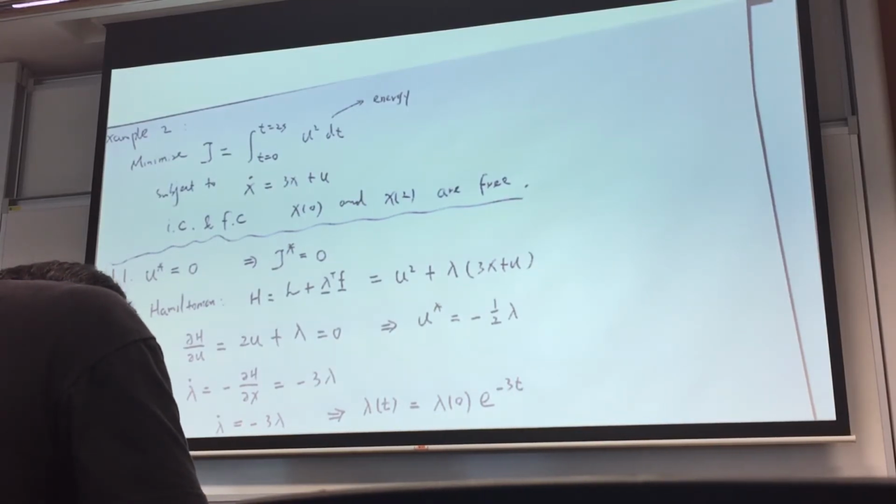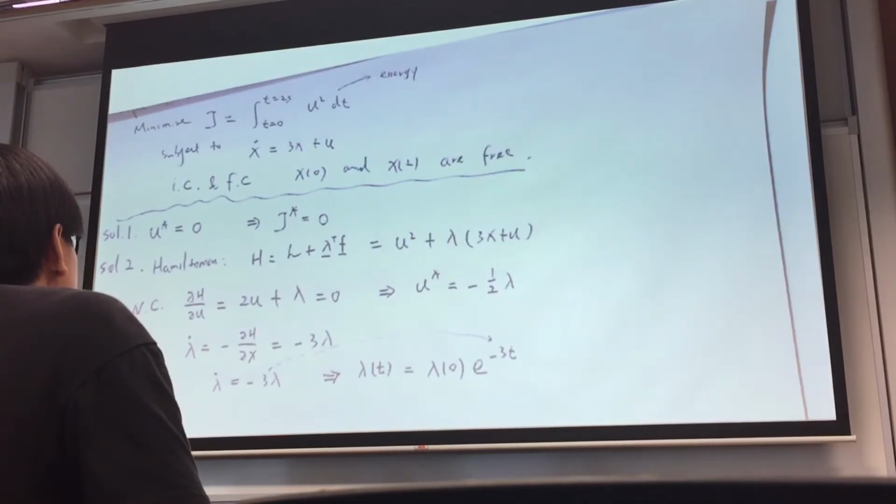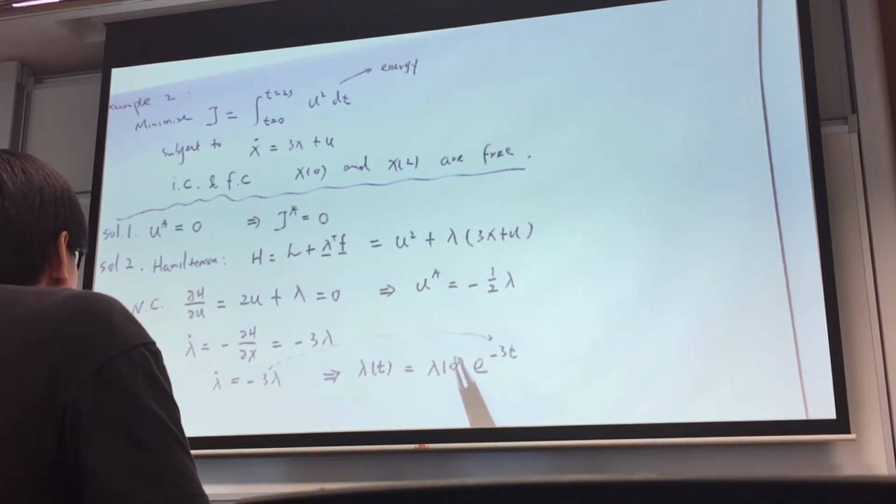We have this 3 here because we have this 3 in the equation. In this function, we notice that we have an initial condition for lambda.